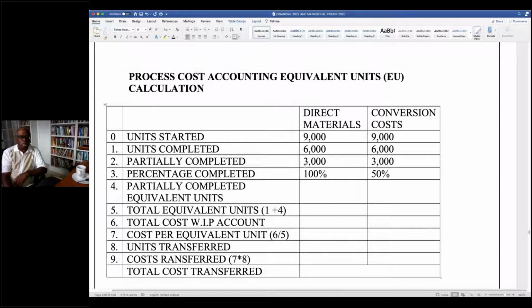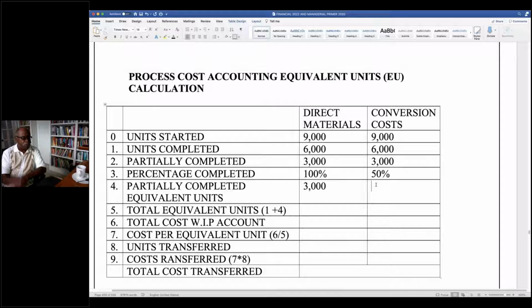So we have to multiply these two percentages times the incomplete ones to get them on an equivalent basis. What's the equivalent amount for the 3,000 on the raw material side? 3,000, because they're 100%.